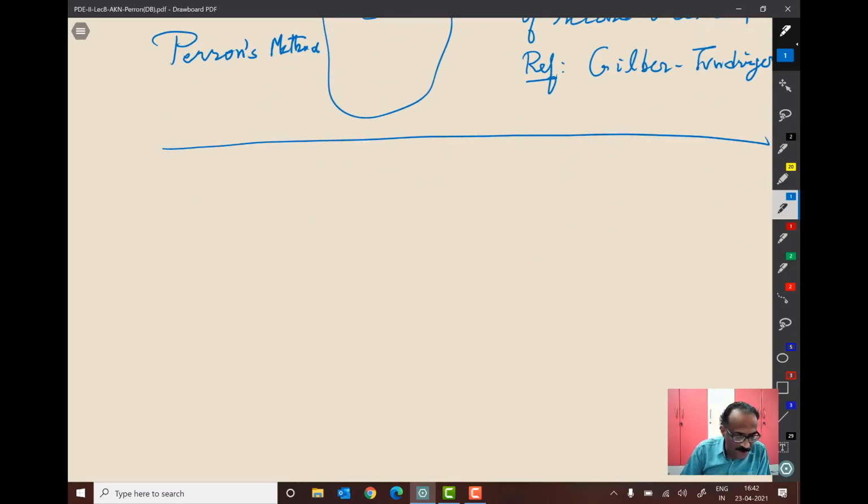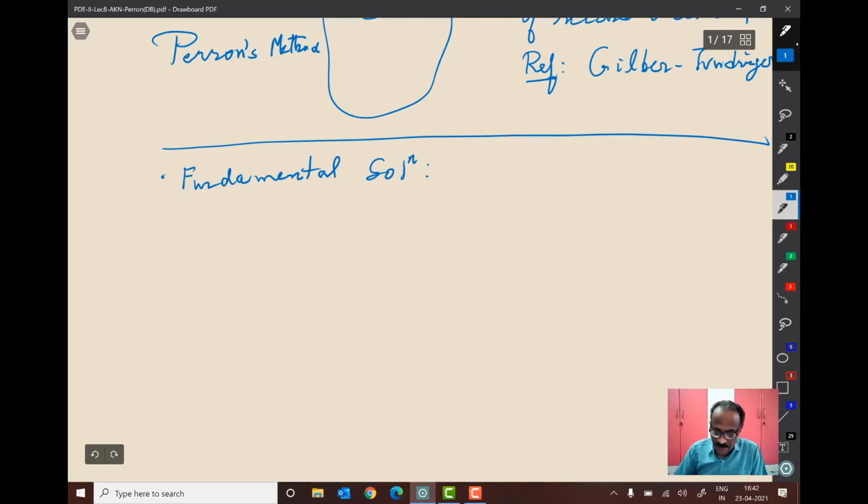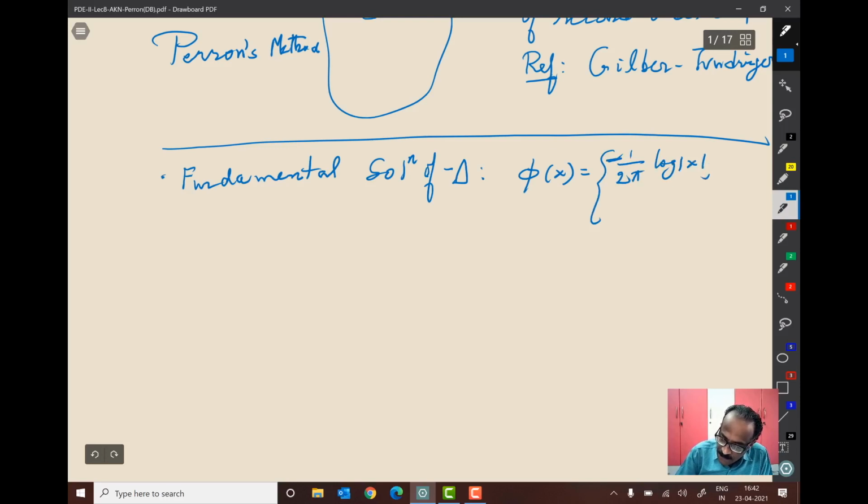So recall that one of the first things we introduced is the fundamental solution. Go through it. What is the fundamental solution of minus Laplacian? We introduced Phi of x, which has a singularity at the origin. This is minus 1 over 2 pi log of modulus x in the case of dimension 2.